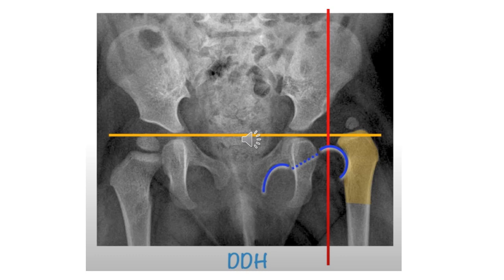Drawing the lines discussed previously, you can see on the left side that the femoral head is located in the superior and lateral quadrant, which indicates full dislocation of the hip joint. Also, the Shenton line is disrupted, and that also indicates a dislocated hip.